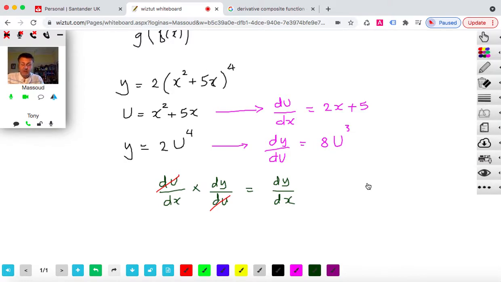We wanted to find the differential of y with respect to x. So du/dx is this.